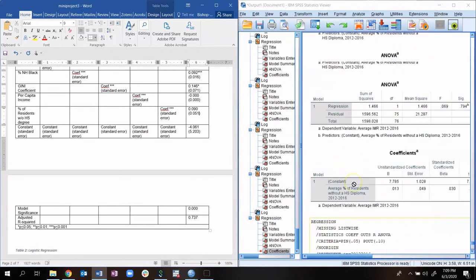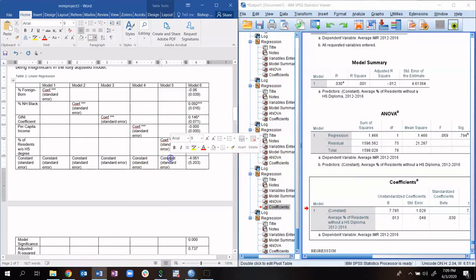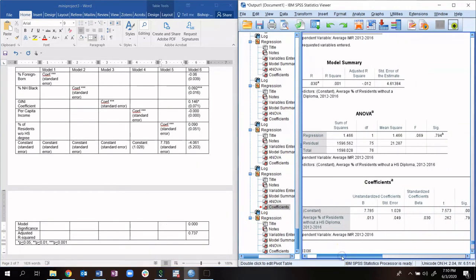And then for model 4, which is going to be on percent of residents without a high school degree, I would go in here and say, all right, what's the constant? The constant over here is 7.785. Standard error is 1.028. The model significance here is 0.794.